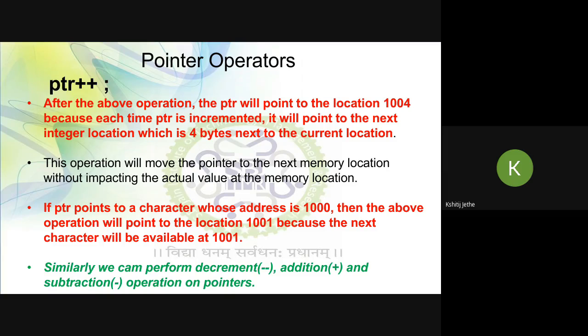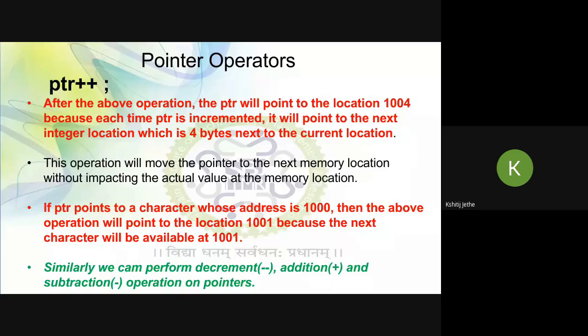So when we write PTR plus plus, it will not increase the value 1000 by 1. It will increase the value 1000 by 4, because PTR is of type integer, and it takes 4 bytes for one integer data.